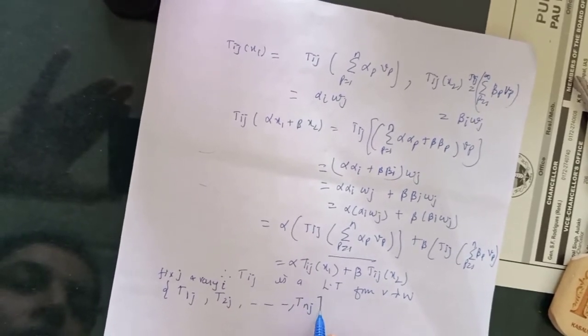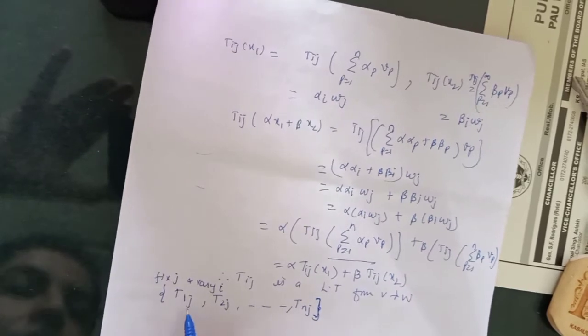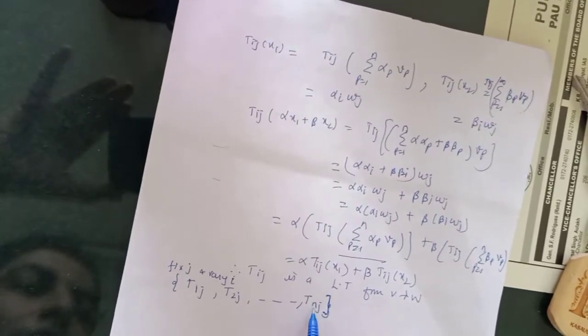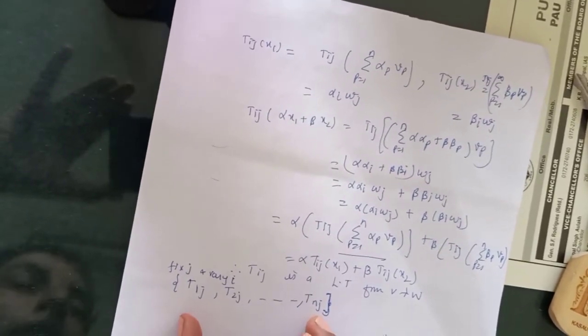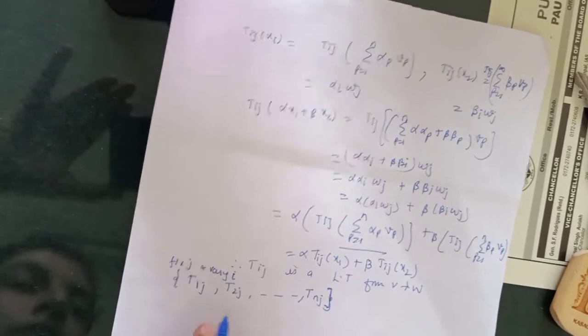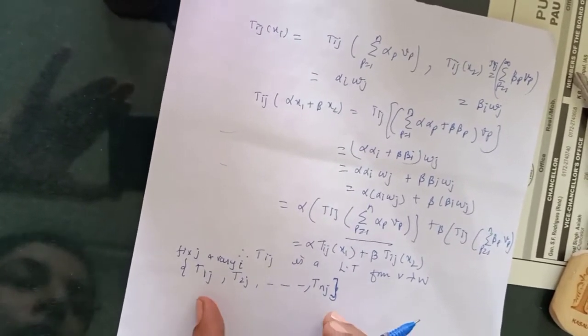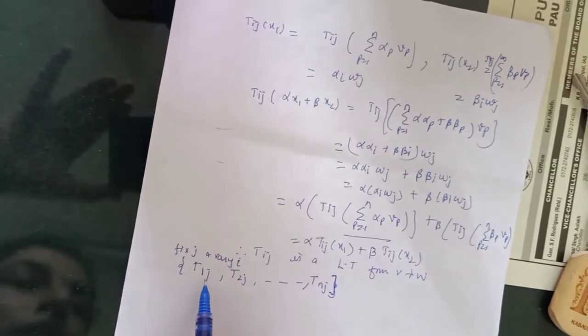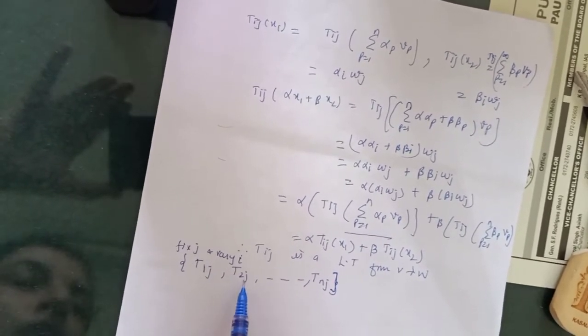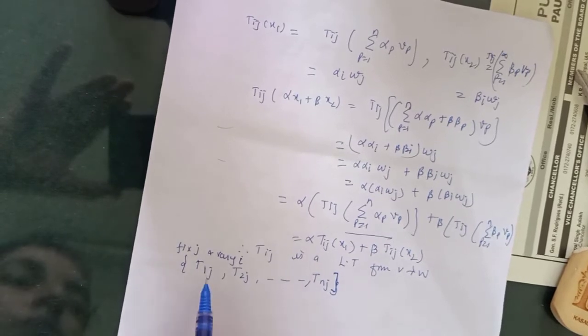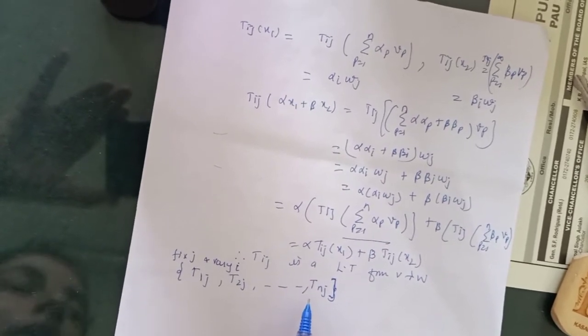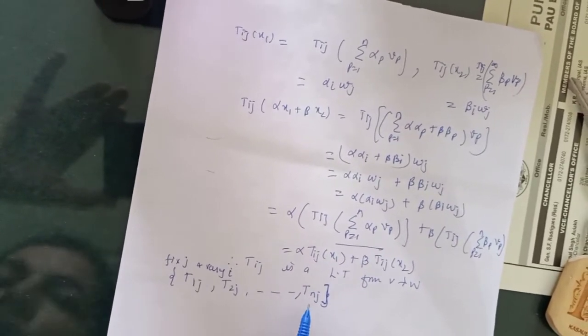If you put j as 1, you get n elements; if you put j as 2, then n more, and so on. How many times can you put j? j is from 1 to m. So putting it m times, you will obtain m into n values here.